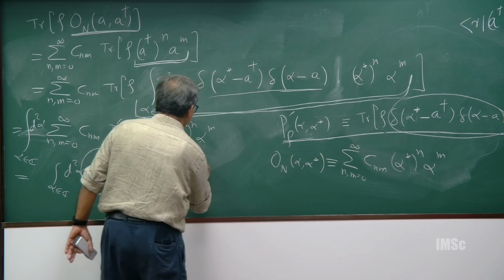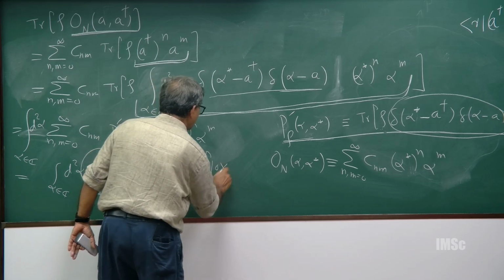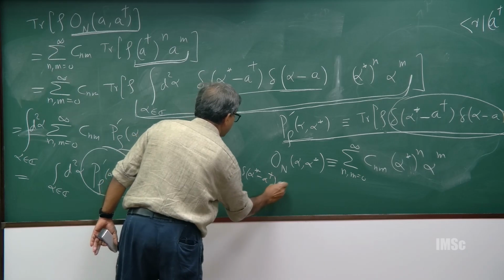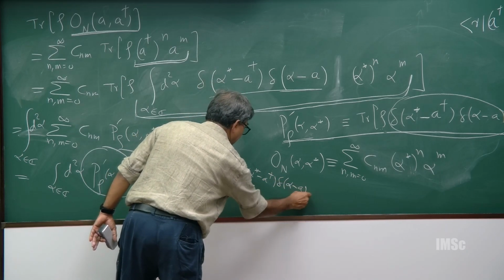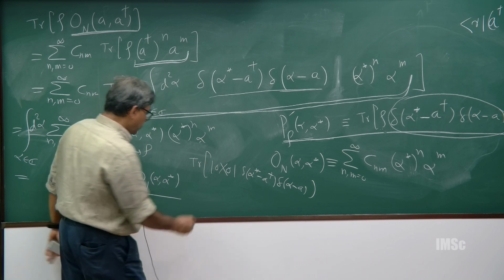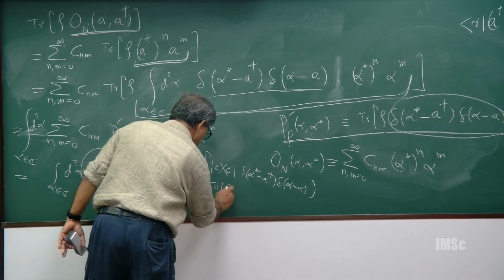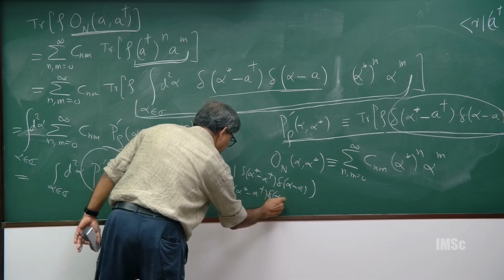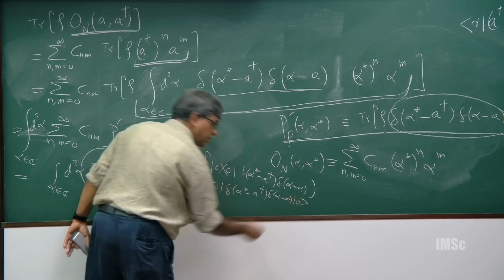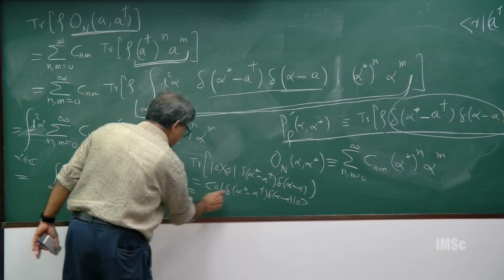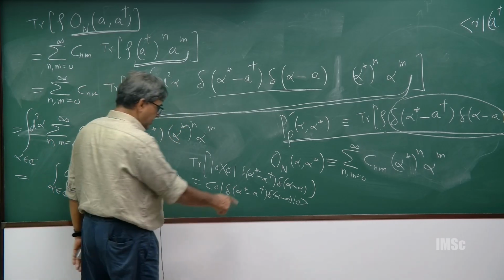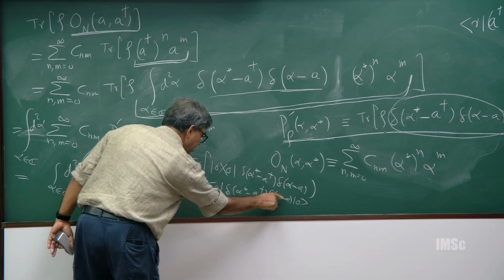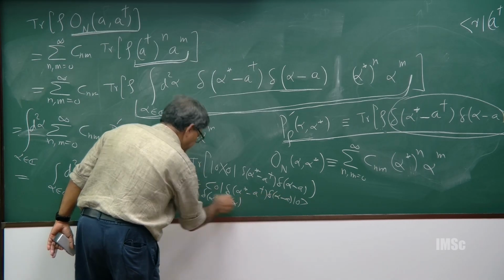Yes. So, then you put the ground state: 0, delta of alpha star minus A dagger, delta of alpha minus A, 0, right. Now, what is this? This is delta of alpha star, delta of alpha.